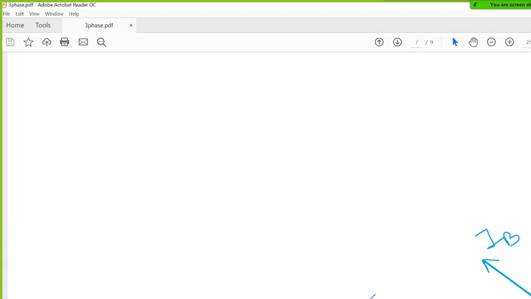This red line is formed by the vector addition of this violet line and this orange line. Correct?